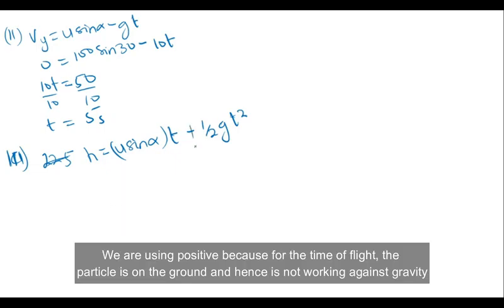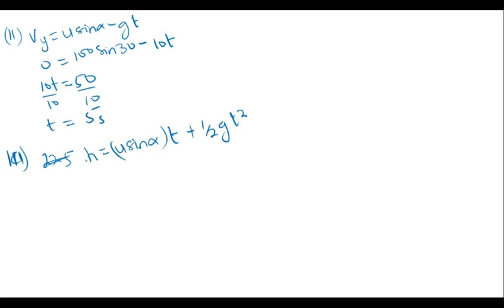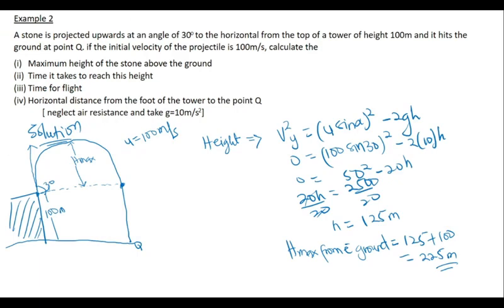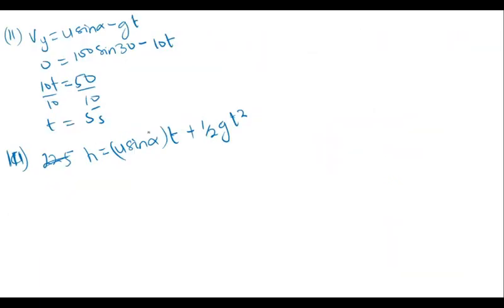Here it is plus, and at the maximum height the initial velocity u is equal to 0. So we have our h, which we already calculated as 225, the maximum height. So 225 is equal to 0 plus half 10t squared.